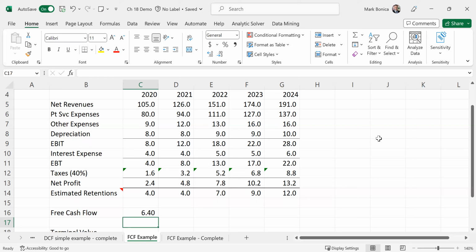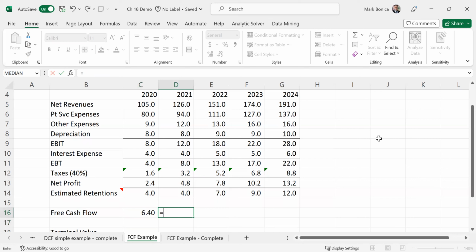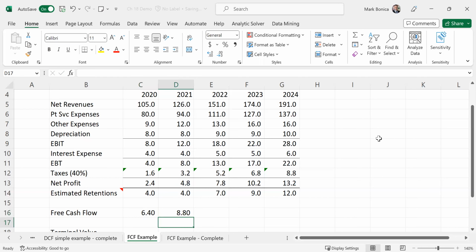All right. In year 2, we're going to do the same thing. Now our net profit's up to 4. Plus, we add back what, Brianna? Thank you. And then we subtract our estimated retentions. And so in year 2, we've got free cash flow of 8.8.